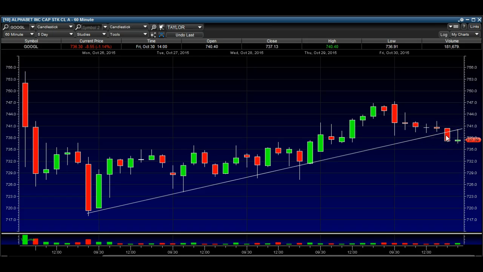We broke the trend line, and then what did we do the next candle? We retested. Google went up here and it retested that trend line and then got rejected and closed below the trend line again, okay? So you can get in on the original candle that breaks it.